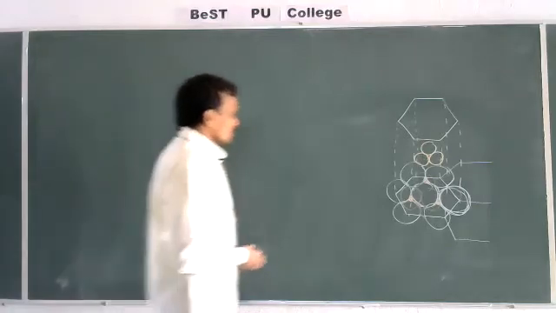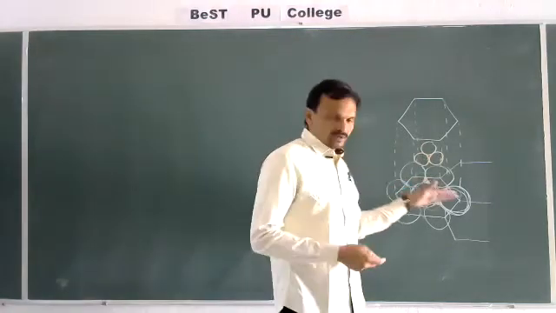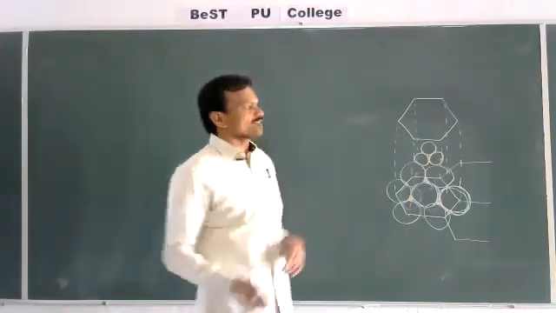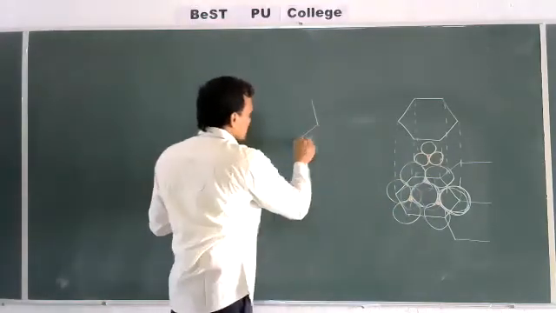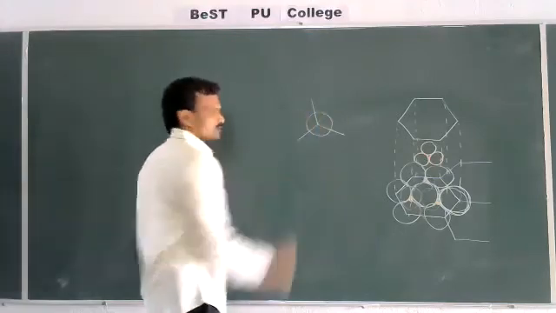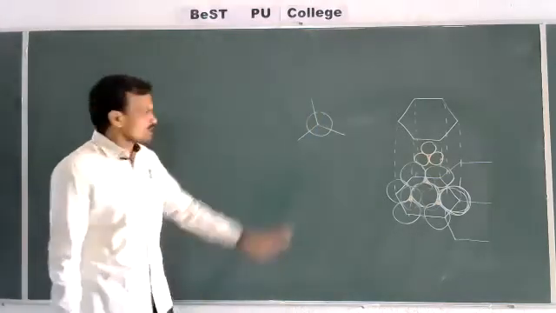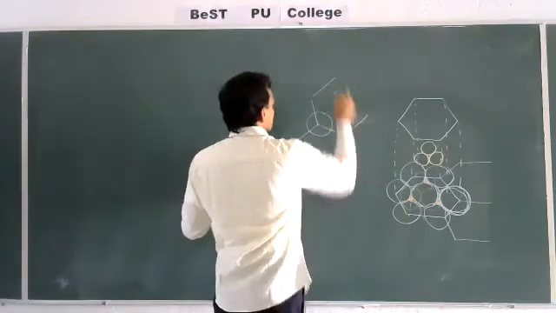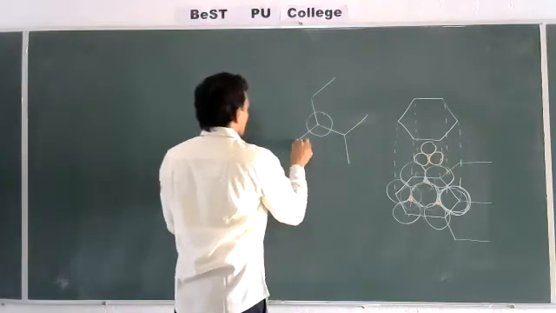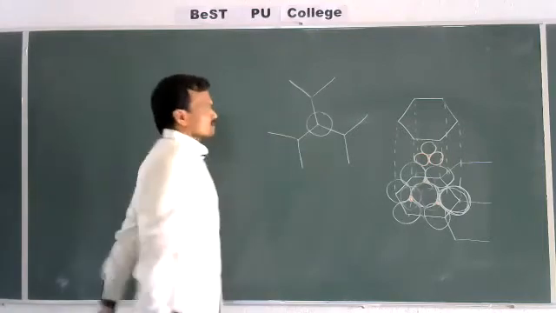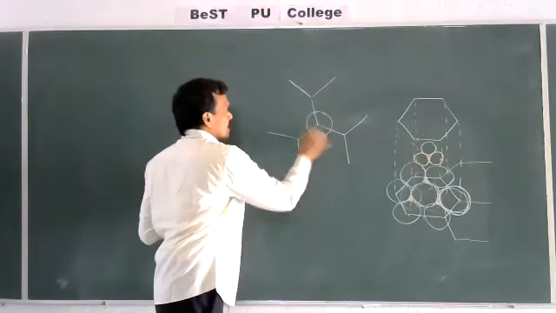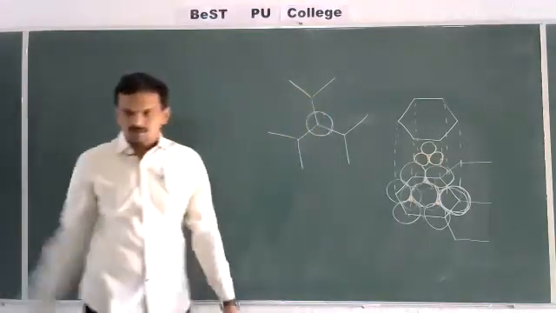And in the lower plane, it is in contact with three other hexagons. Within the plane, this is in contact with three hexagons like this. And above this plane, it is also in contact with three more hexagons.